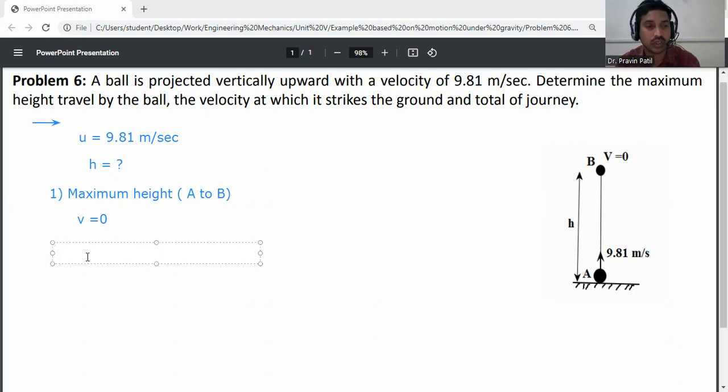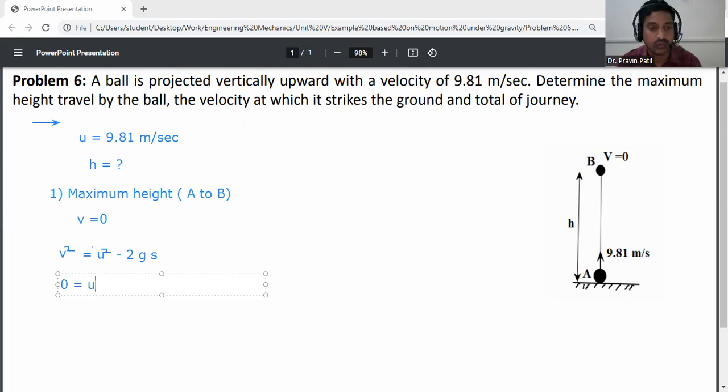For the calculation of maximum height, we use this formula: v square is equal to u square minus 2gs. So here the final velocity v is equal to 0.